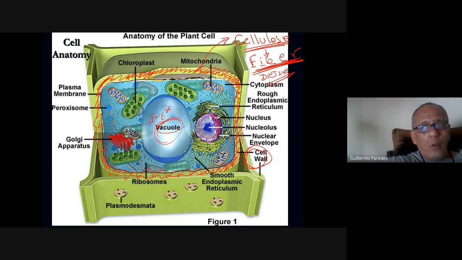Just remember, cellulose is equal to fiber. If you want to be more specific, cellulose is the dietary fiber. Fiber is part of our nutrition. Without fiber, we will have serious problems. Okay, fiber, cellulose, fiber. We okay with that?